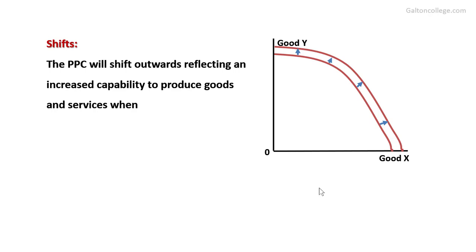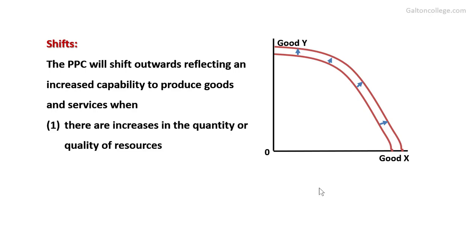So the production possibility curve, PPC in this case, PPF sometimes we call it, production possibility frontier, shifts outwards, reflecting an increased capability to produce goods and services when, first of all, there are increases in the quantity or quality of resources. Resources, the inputs into production, become better.